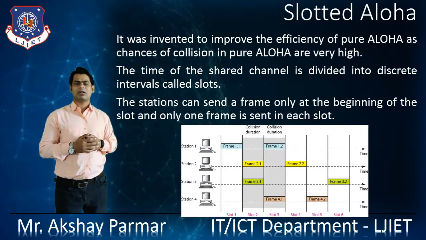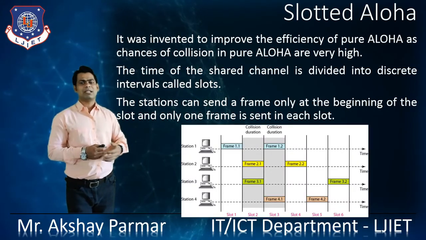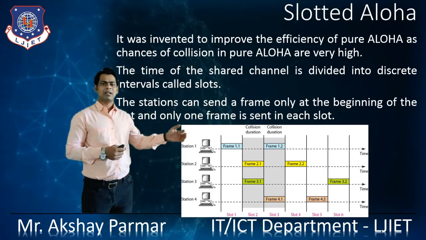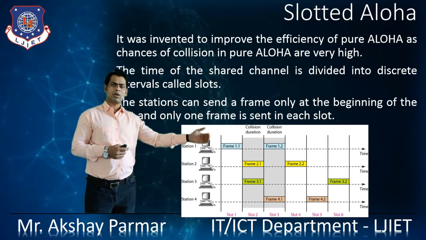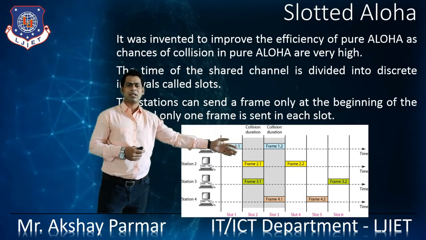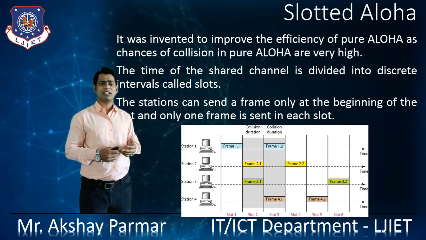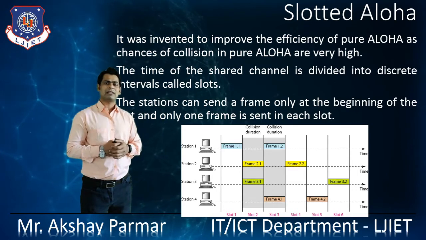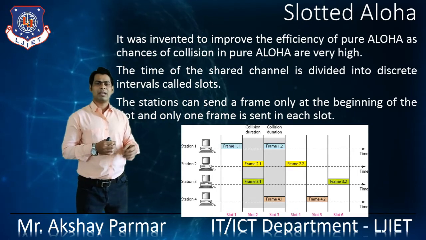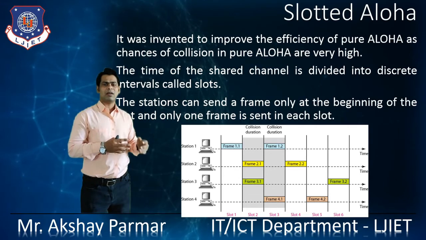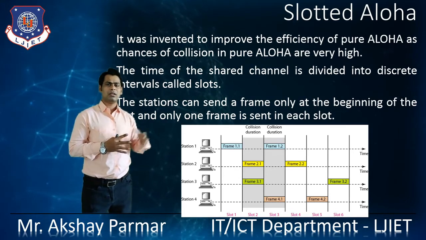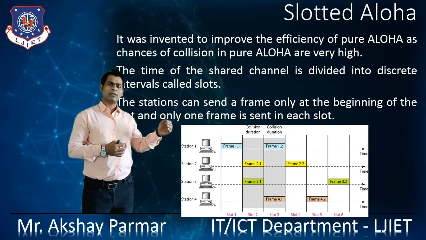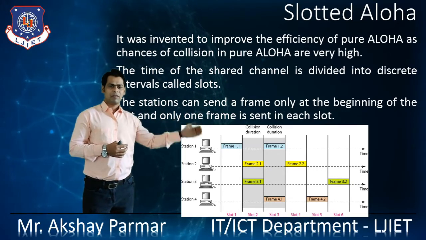Here you can observe in the figure that sender 1, sender 2, sender 3 and sender 4 are there, and the channel is divided into slots: slot 1, slot 2, slot 3, slot 4, slot 5, slot 6 and so on, right? The sender can send data only at the beginning of a slot, and can send only one frame in each particular slot, right? Frame 1.1 is sent by sender 1 in the first slot.